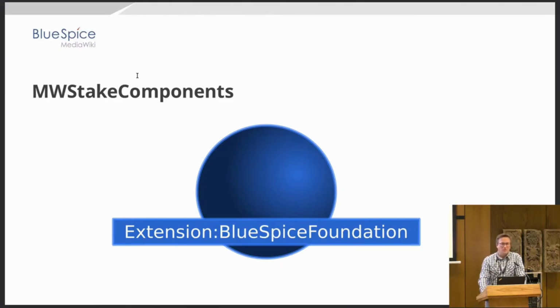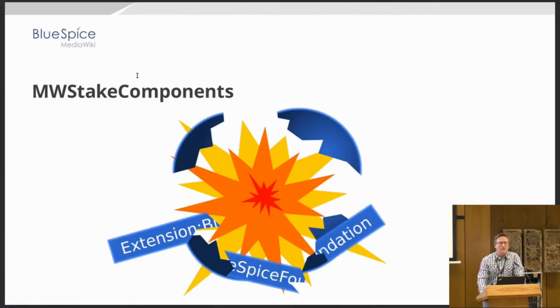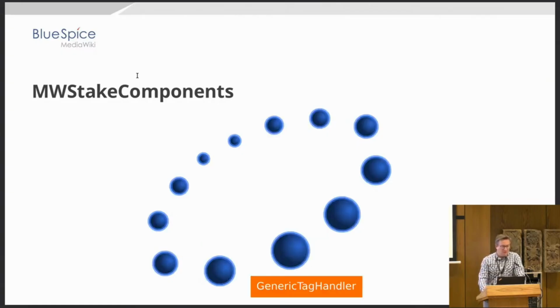We didn't want to base those on the BlueSpice Foundation, because it also introduced a couple of behavioral changes which users outside of the BlueSpice world didn't want to have. So we decided to split up the BlueSpice Foundation and break out the various parts and make them reusable for other extensions. And from that, the MWStakeComponents were born.